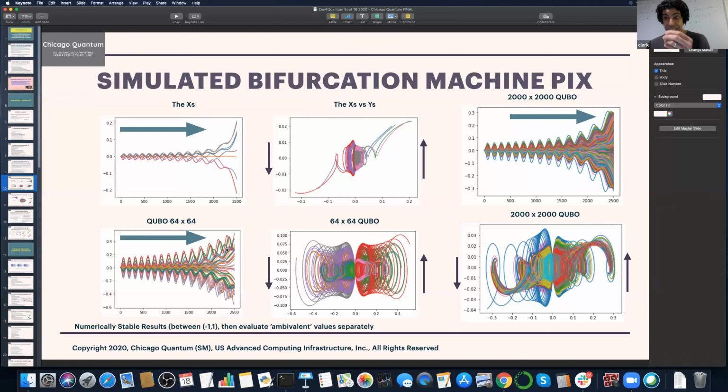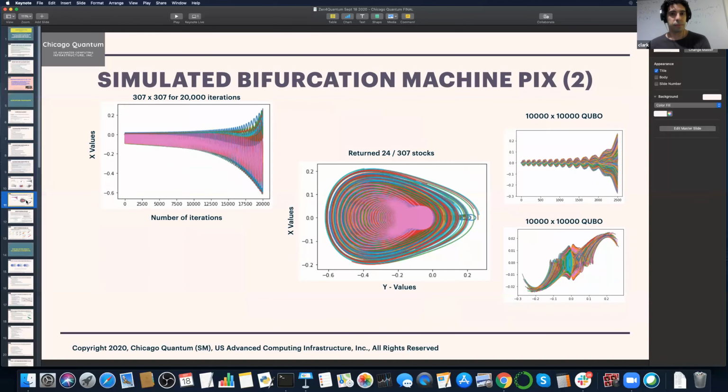A little bit harder to distinguish which ones are up and down because of the colorations. 64. You can also see some of the X versus Y. The ones that are wiggling are time versus X, and the ones that look like springs or slinkies are X versus Y. The X's are the ones that give you the classical solution. So you start them at 0, and then you wiggle them around, and then they literally bifurcate into 2 classes, plus and minus. And just for kicks, I tried some bigger ones.